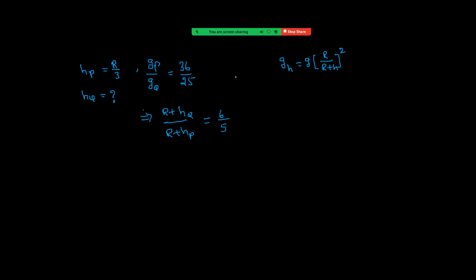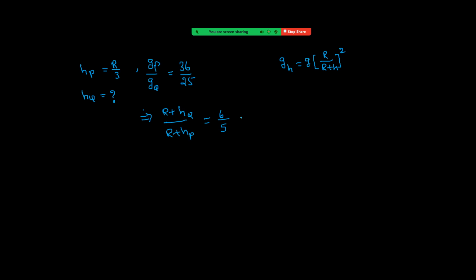See carefully, I'm taking this relation in the place of P and Q. So it is now R plus HQ by R plus HP equal to 6 by 5, right?